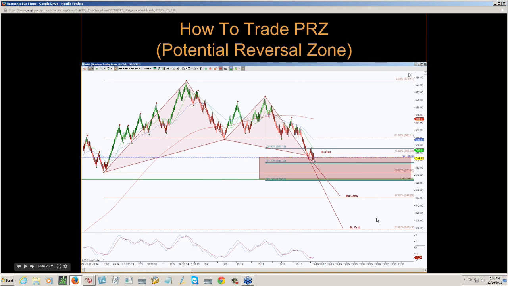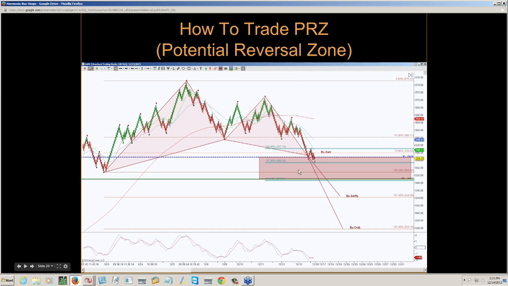So I have two extended targets if price can hold below this zone. Remember, this zone is a daily zone. So on an hourly chart now, as long as I see it holding below this 554.85, I can go into a short opportunity to my targets to the downside. Now here's the cool thing.